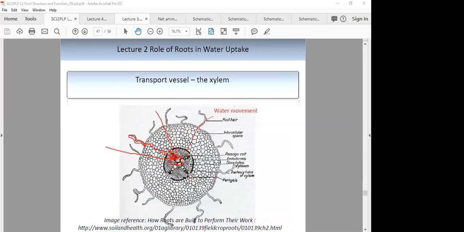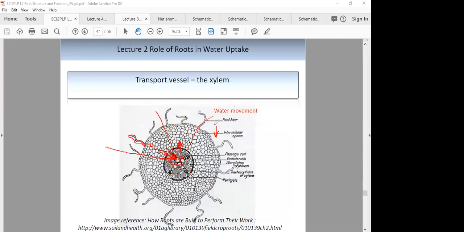Because it's all eventually focused in the xylem, that is what enables water to follow. Think about it in terms of concentration of solutes, or in terms of water potential. If you're concentrating the solutes here in the centre, you're setting up a gradient: higher concentration in the centre, lower concentration to the outside.